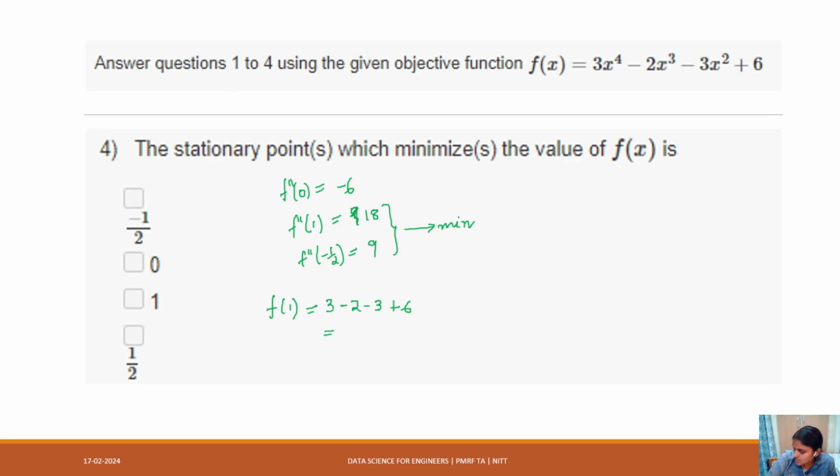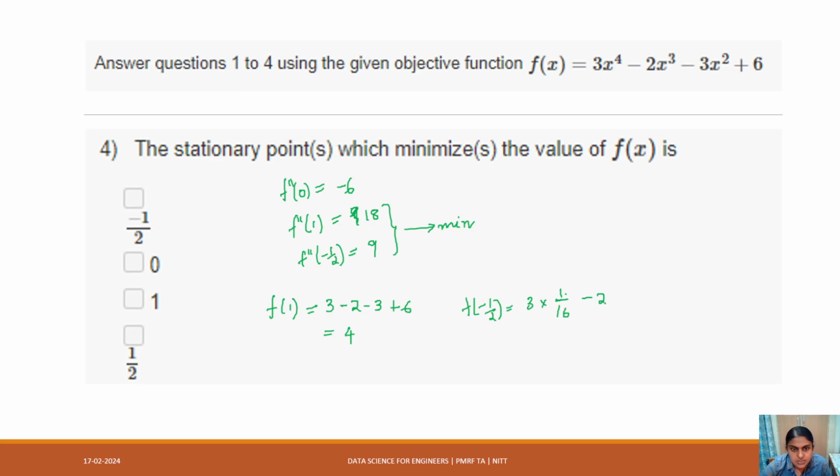So this one will be coming like 4, and f of minus 1 by 2 is 3 into minus 1 by 2 to the power 4, so it will be 1 by 16, minus 2. Someone has put A.